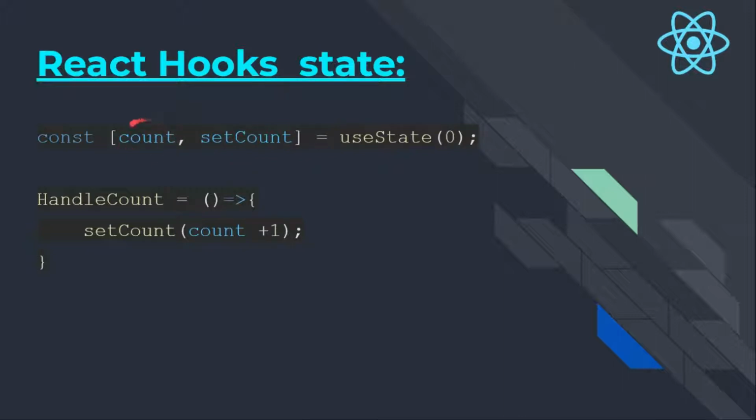This initial state is the value that we are gonna put here, for example. So as we said, useState returns a pair of values, the current state and the function to update it. Okay, guys, I believe that this makes sense to you.